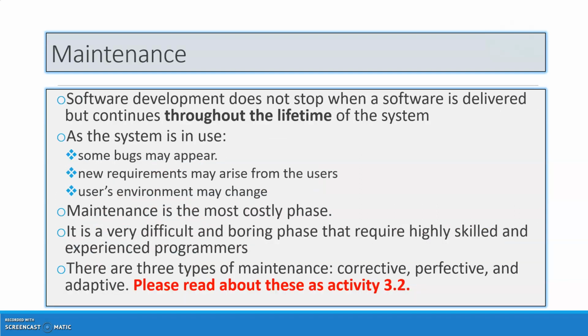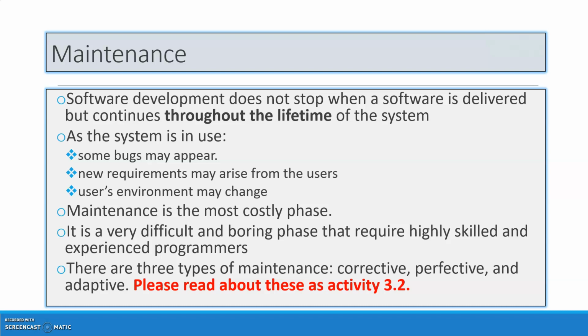The last one is maintenance. You have a software, it has been handed over to the users. That's not the end of software life cycle. You have handed it over, but now it has to be supported. So the support phase is what we call maintenance phase.